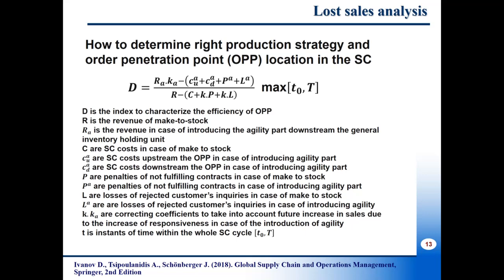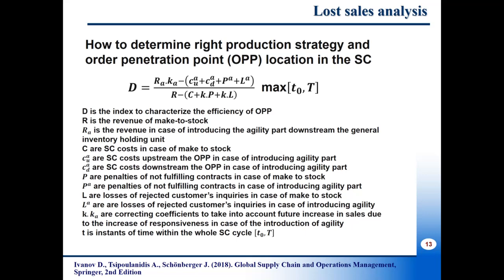In order to develop a quantitative analysis tool to support supply chain managers in their decisions on where to determine the right order penetration point location in the supply chain, we suggest setting the MTO and MTS, or make to order and make to stock views, against each other for full leanness, meaning make to stock, and full agility, or make to order considerations.